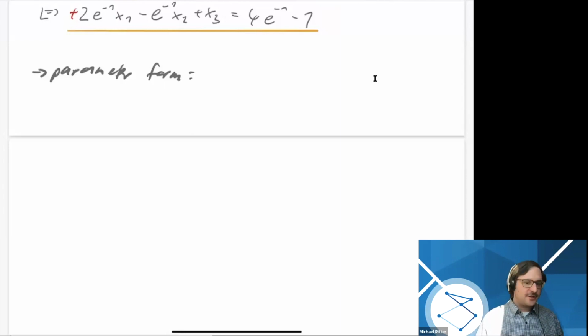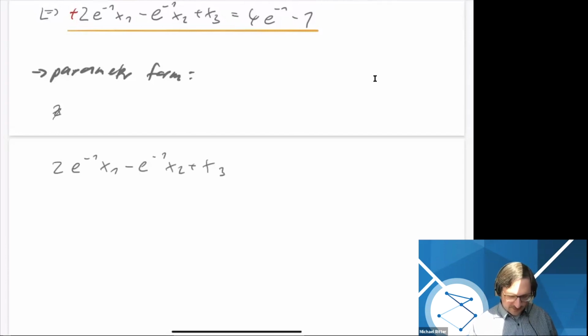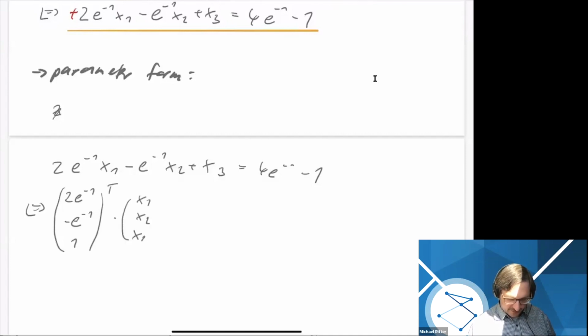And the normal vector just consists of the coefficients in front of the axes. So on the next page, we could also write this expression in vector form: (2e^(-1), -e^(-1), 1) transposed times (x1, x2, x3) equals 4e^(-1) - 1.